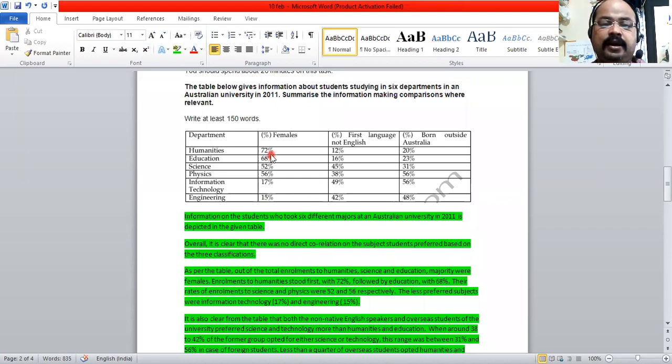So you cannot say that non-English speakers selected this particular preference. You cannot make a direct correlation.